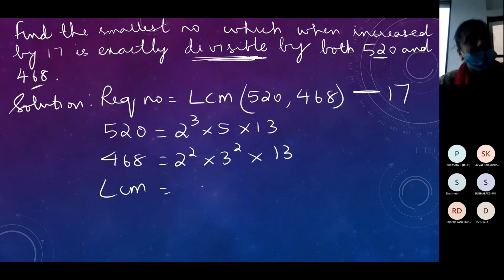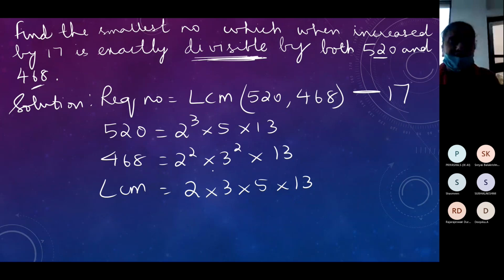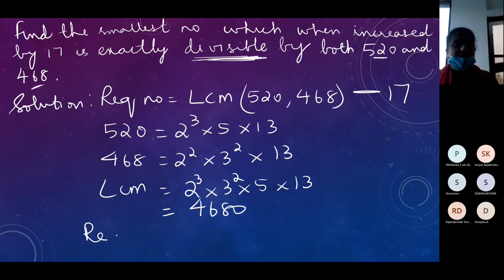You should write all the prime factors, not only the common ones, everything. So there is 2, there is 3, there is 5, there is 13, and raise them to the highest power. So the number is 4680. So what's the required number?